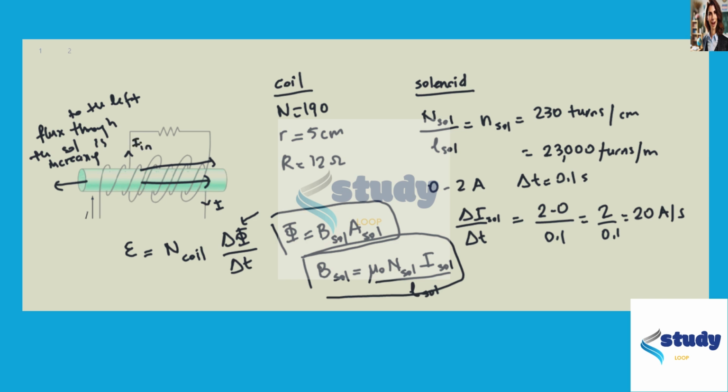The direction of the induced current must be from left towards the right side of the resistor that we have. So the direction is from the left of R to the right.